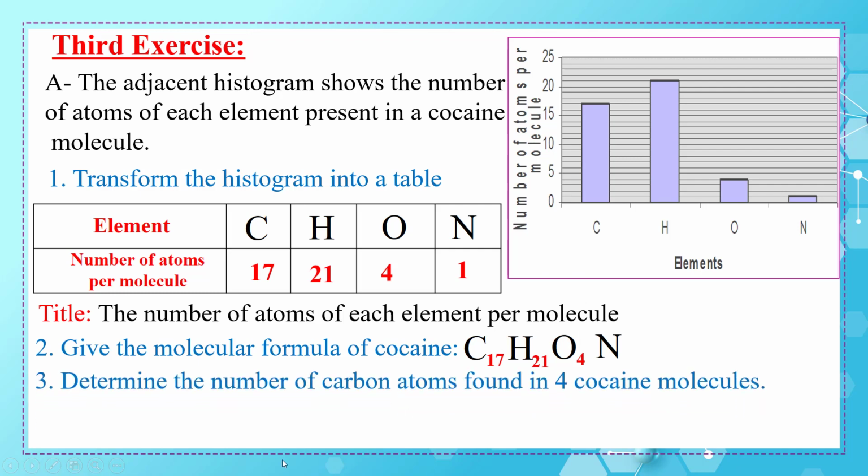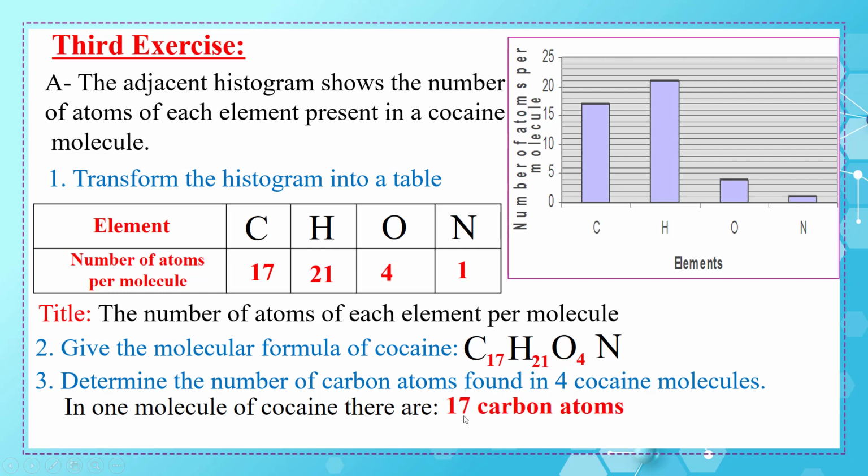Now determine the number of carbon atoms found in 4 cocaine molecules. How many carbon atoms do we have in 4 cocaine molecules? As I have told you, don't forget, we start by mentioning that in one molecule of cocaine compound, there are 17 carbon atoms.